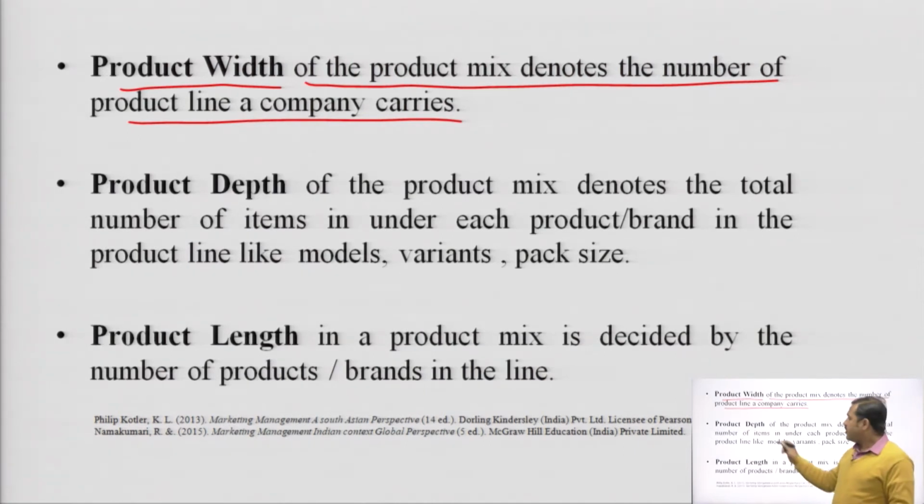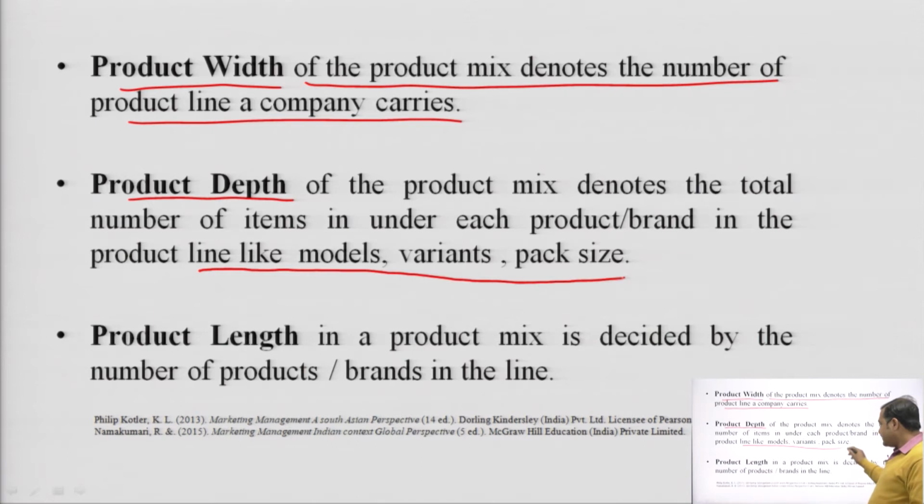The next one is product depth. Product depth of the product mix denotes the total number of items under each product or brand in the product line, like model, variant and pack size.